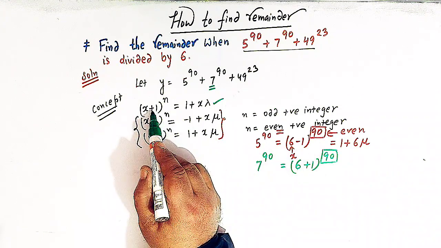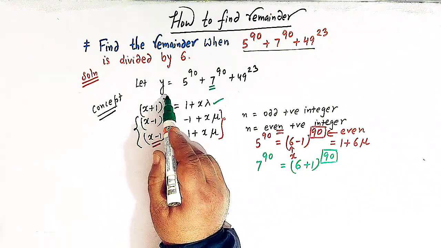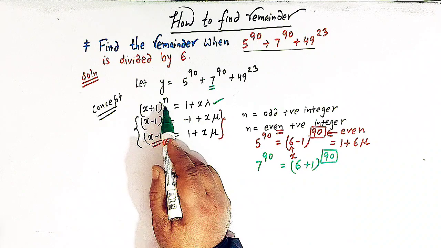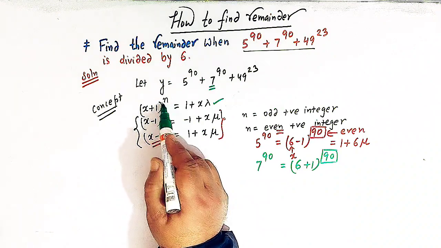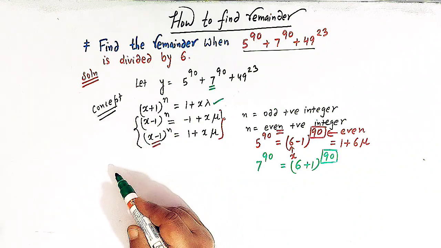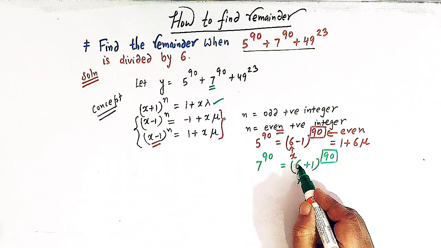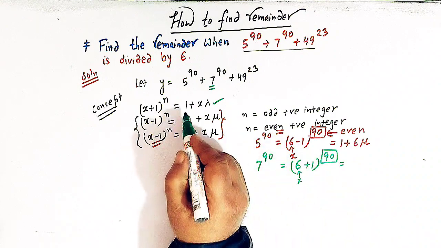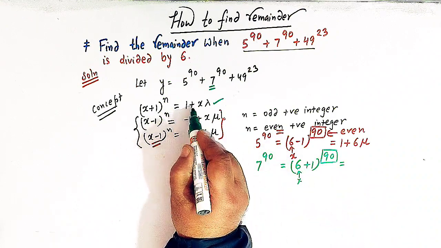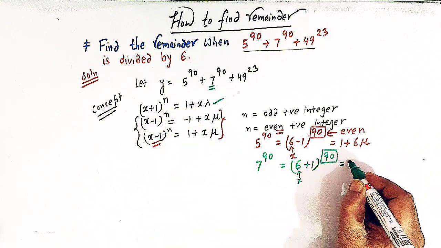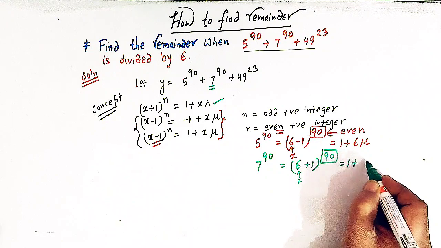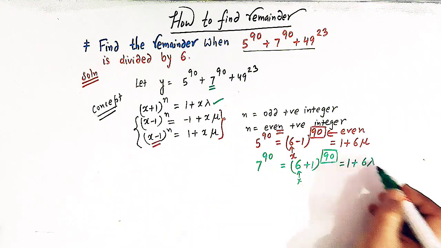This form is similar to x plus 1 raised to n, and this case is valid for all positive values of n, irrespective of whether n is even or odd. Here again x is 6, so we can write this number as 1 plus x times lambda, that is, 1 plus 6 times lambda.